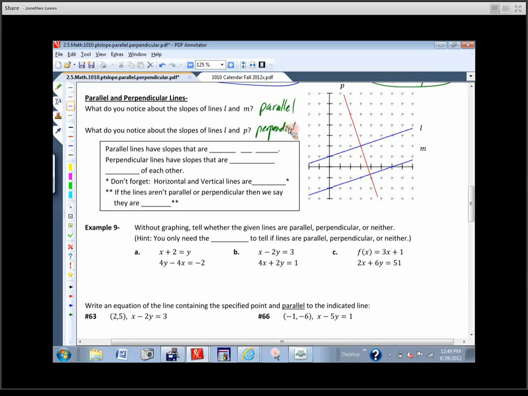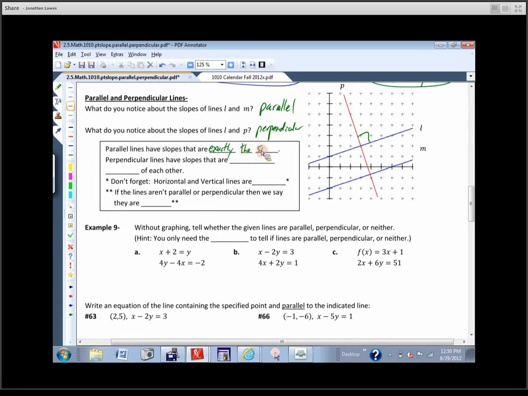And what about L and P? Perpendicular. They meet at right angles. So, you're probably already aware of this, but let's make sure we're clear on the details and that we're using the same vocabulary and saying this the same way. Parallel lines have slopes that are equal.